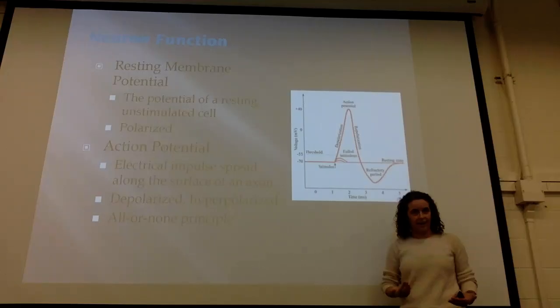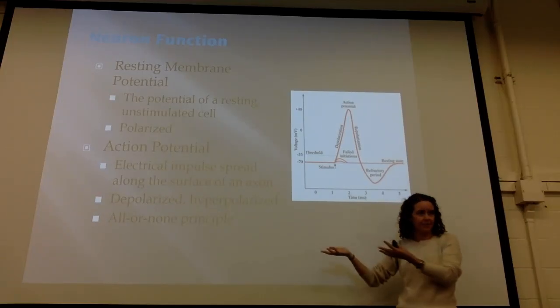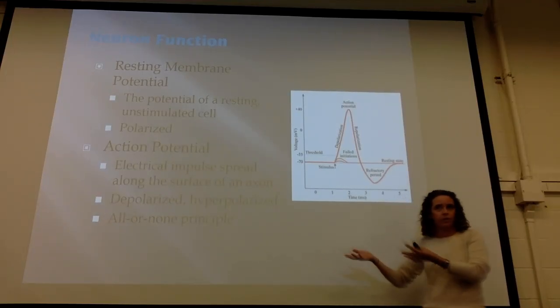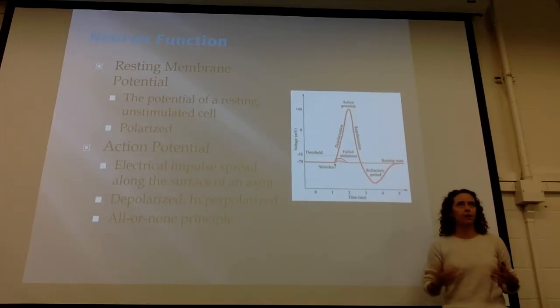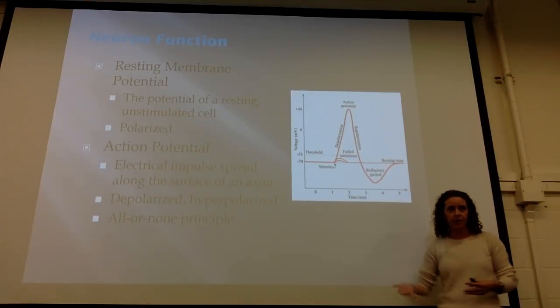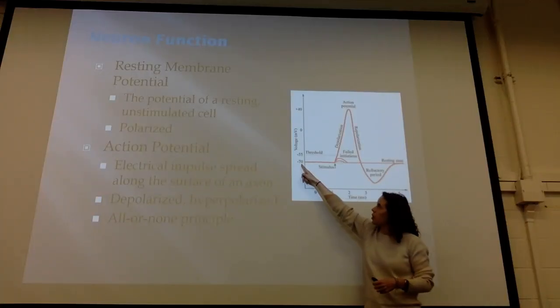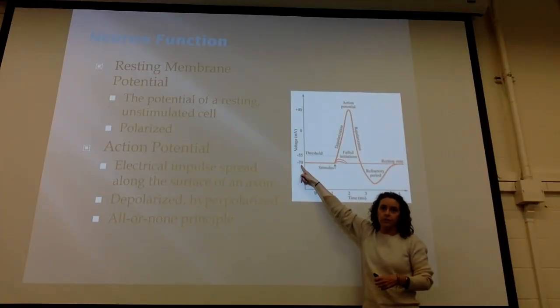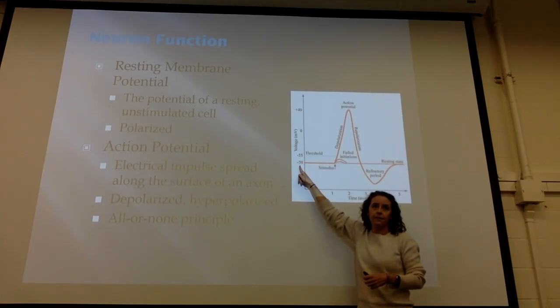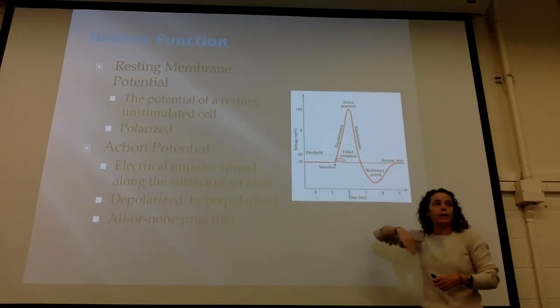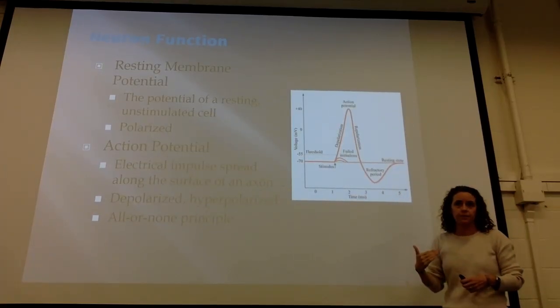You could also say that it becomes positive. So the process of depolarization, or when the neuron becomes depolarized, is when the internal charge of the neuron changes from its resting state at negative 70 to suddenly becoming much more positive.